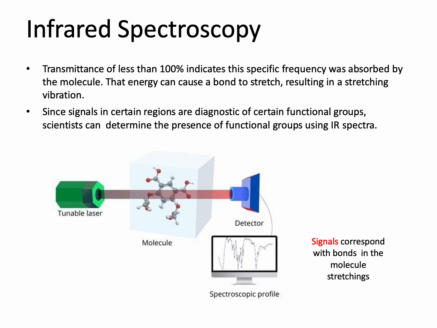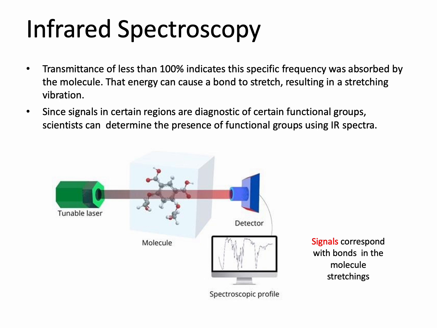Since signals in certain regions are diagnostic of certain functional groups, we can determine the presence of functional groups using IR spectra. This means that if you are going to analyze a product, an API, using infrared spectroscopy you will be able to characterize the functional groups in that molecule.